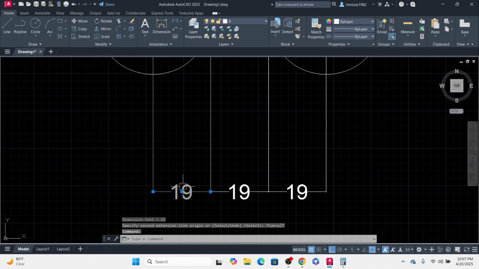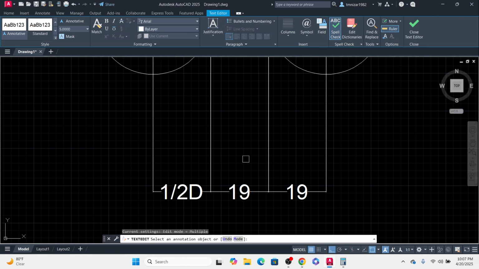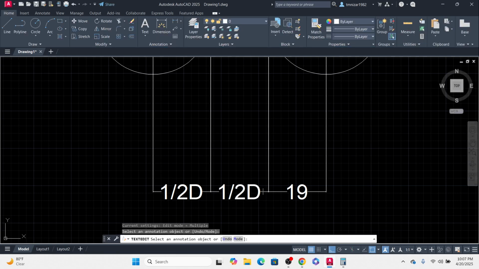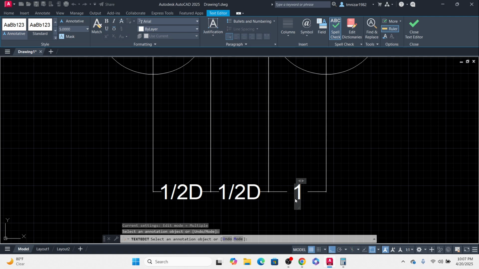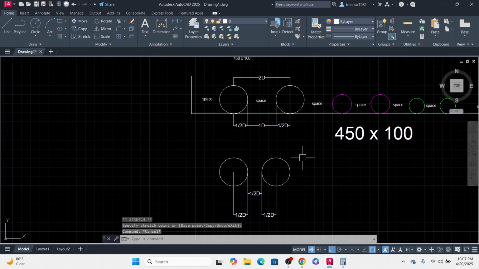So this is half D, 1/2, 1/2, 1/2. So this is half D spacing. This is called half D spacing. Okay.